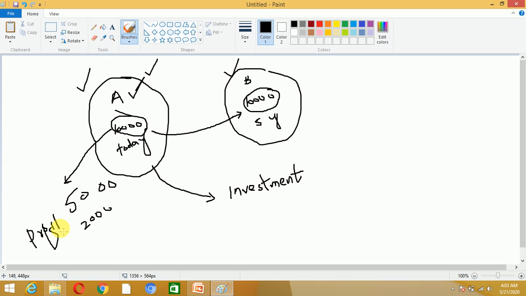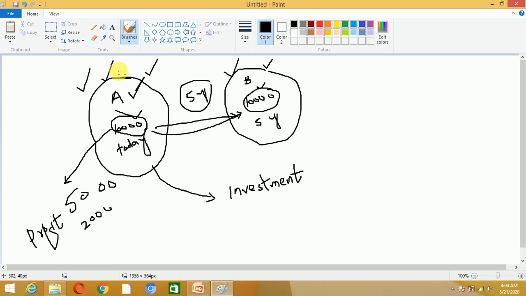So the difference between this decision and this decision is 5 years time. You're receiving 10,000 here, you're receiving 10,000 here, but the difference is 5 years. In this case you will receive 10,000 today, and in this case you will receive 10,000 5 years from today.